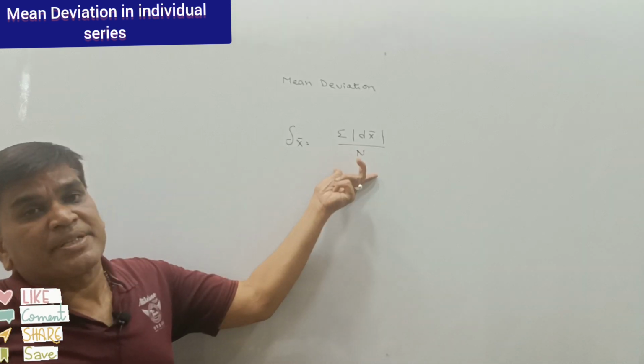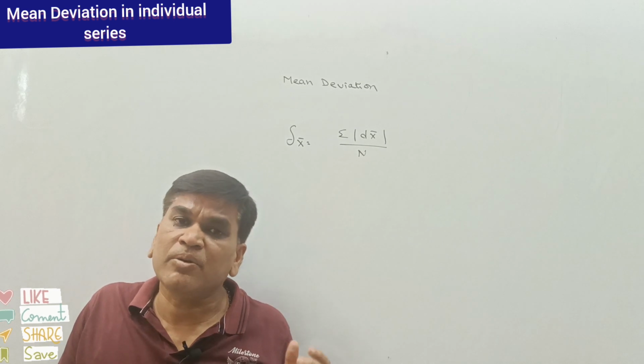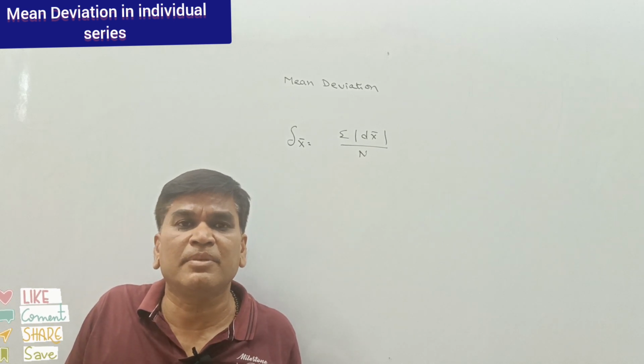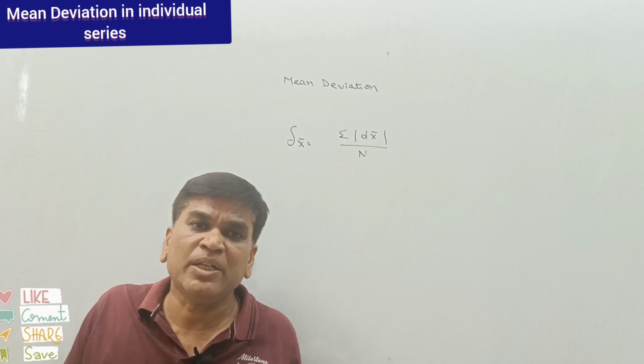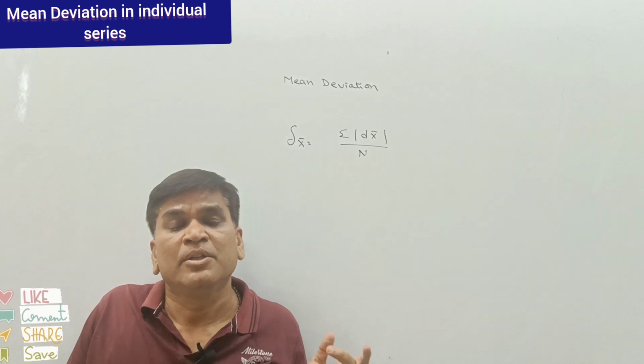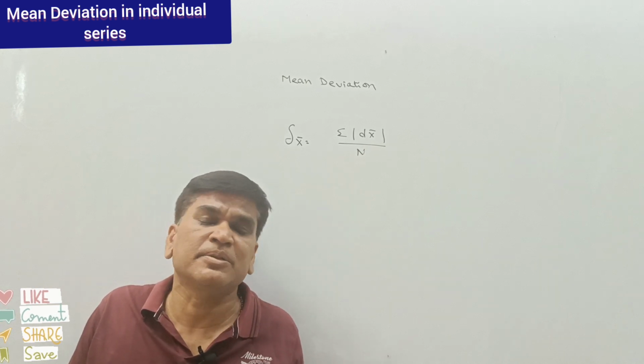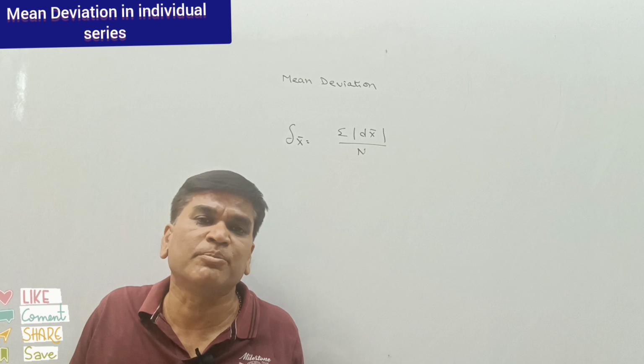We take the deviation from the arithmetic mean, ignoring plus and minus signs, add all the items and take the arithmetic mean, and that will be the mean deviation. So mean deviation can be calculated with the arithmetic mean, with the median, or with the mode.